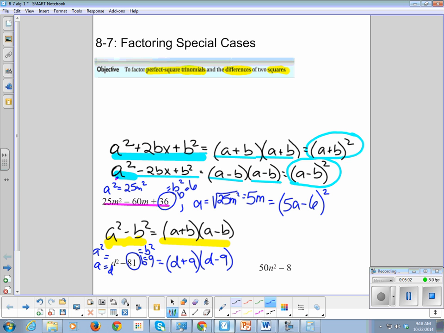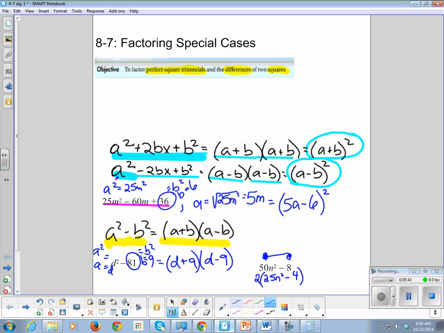I picked one that's a little bit harder because I wanted you guys to see a little bit more sophistication. 50 is not a perfect square, so I'm in trouble. I just give up and I don't write the right answer down and I get no credit, right? Or you can say, can I factor something out of here? What goes into 50 and into 8? What factors? For sure, 2, because they're both even. So if I pull out a 2, I have a 25n squared, and I have a minus 4. Is 25 a perfect square?